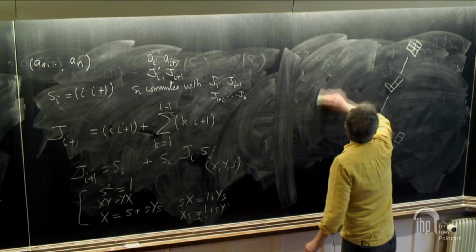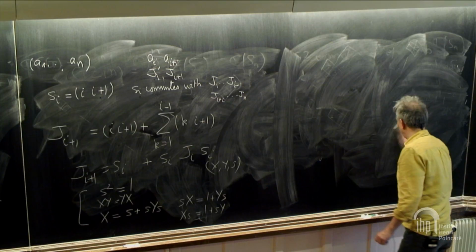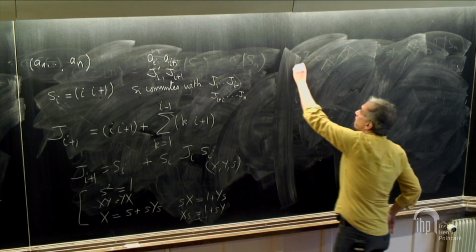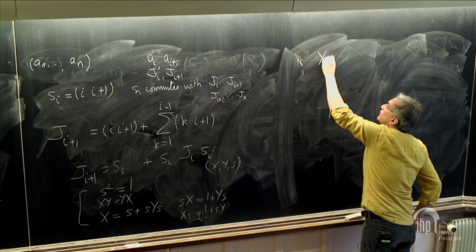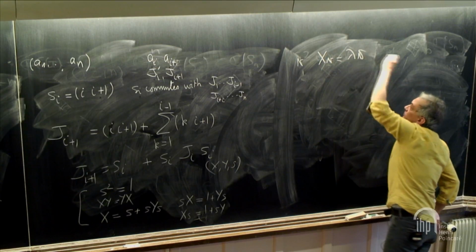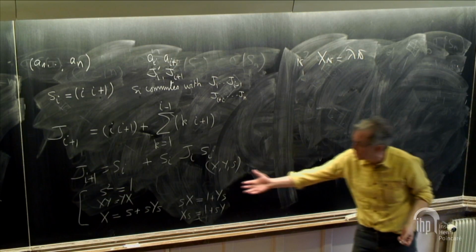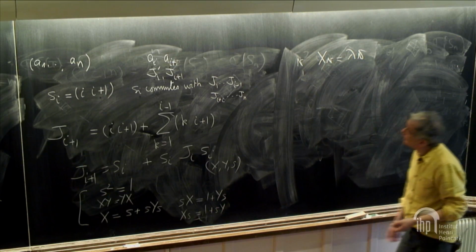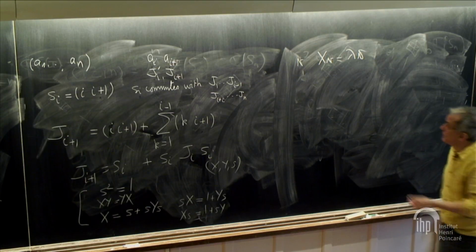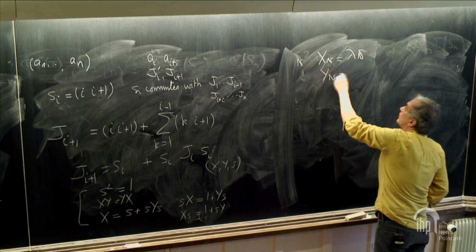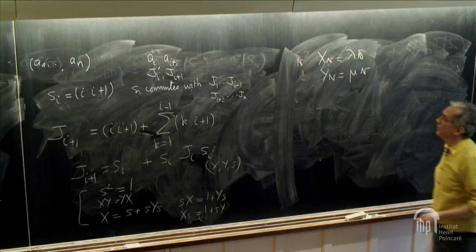So now I want to understand what happens when I have a vector V. I suppose that V is an eigenvector. I suppose I have three operators in some space which satisfy those relations. So XV is equal to lambda V. YV is equal to mu V, for some eigenvalues.